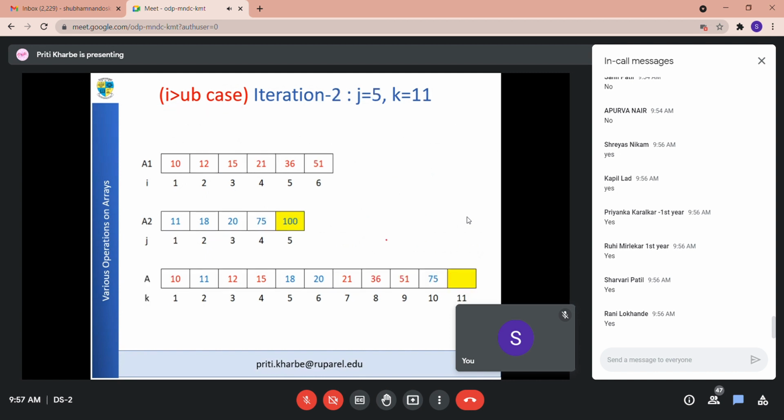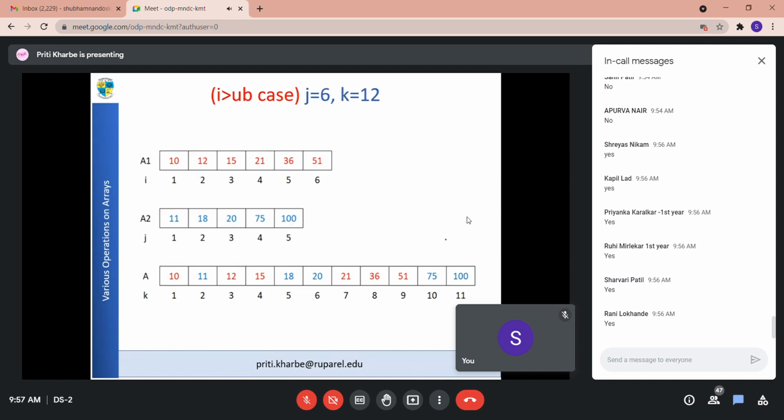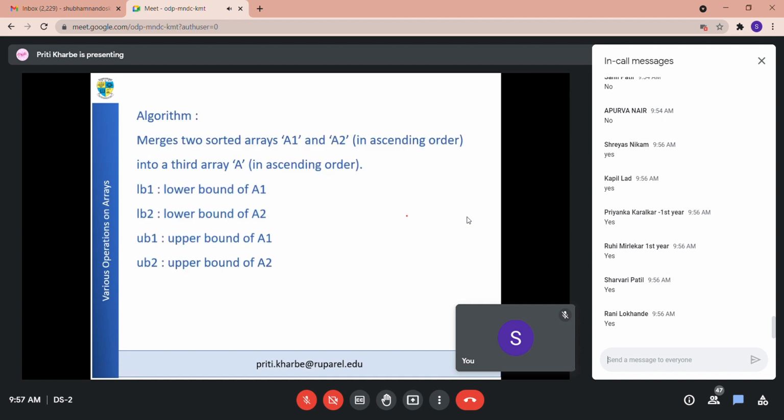So next iteration, you will have A of 11 equal to A2 of 5. So this will be 100. Again, value of j and k will be increased. Now, when again the condition will be checked in the while loop, you will find that j is greater than UB2. So the while loop will not be executed and you will be out of the while loop.